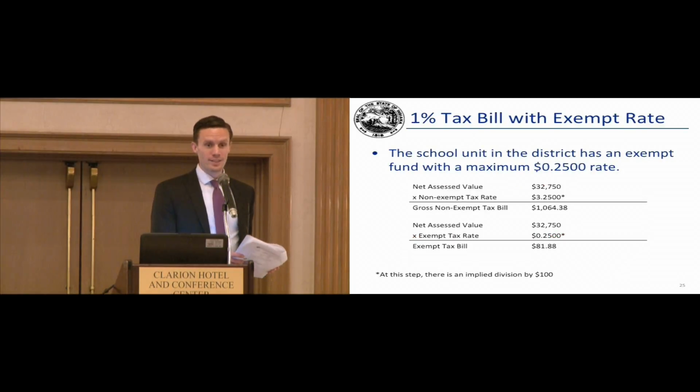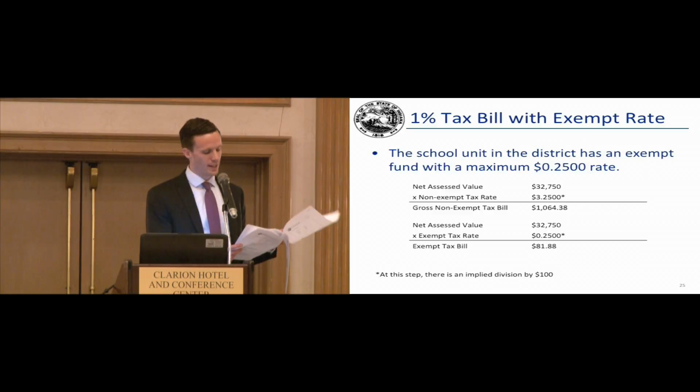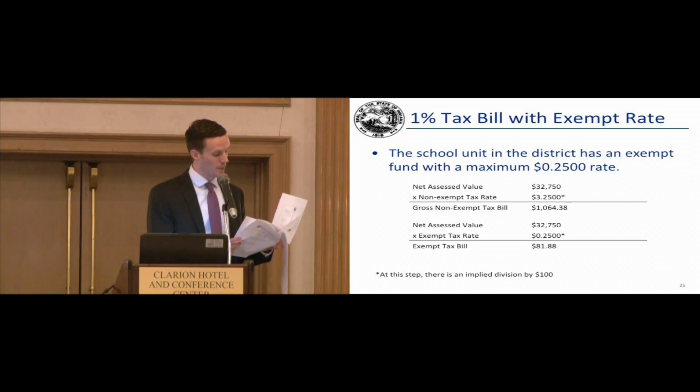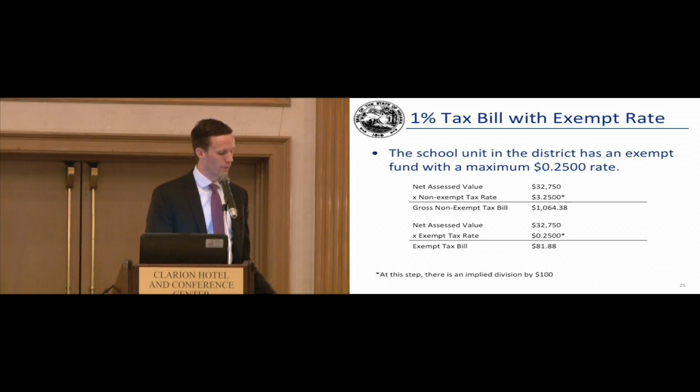Okay, so we'll start working into some of the material that's a little bit more complicated. One factor that can come into play for an individual taxpayer is exempt rates. So school referendum funds, typically, or often, referendum funds.